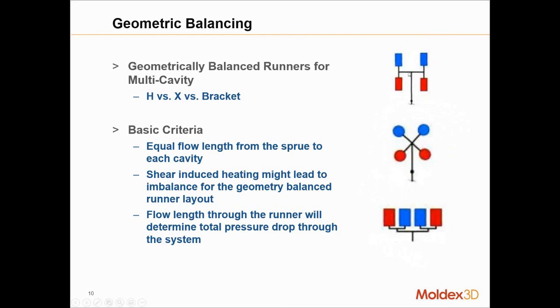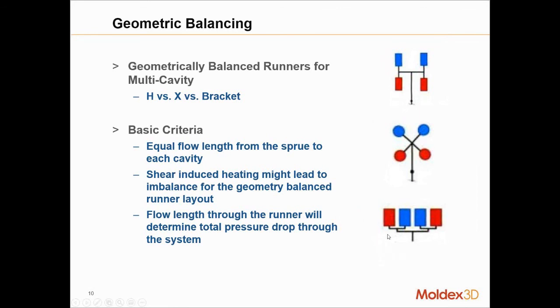The hypotenuse is always going to be shorter than the summation of the two right angle sides. So geometrically, the X layout is always going to have a shorter flow front, but then you start running into issues with the way that this gate is angled, which can impact your mold layout. So there are definitely considerations for using an H layout versus an X layout.